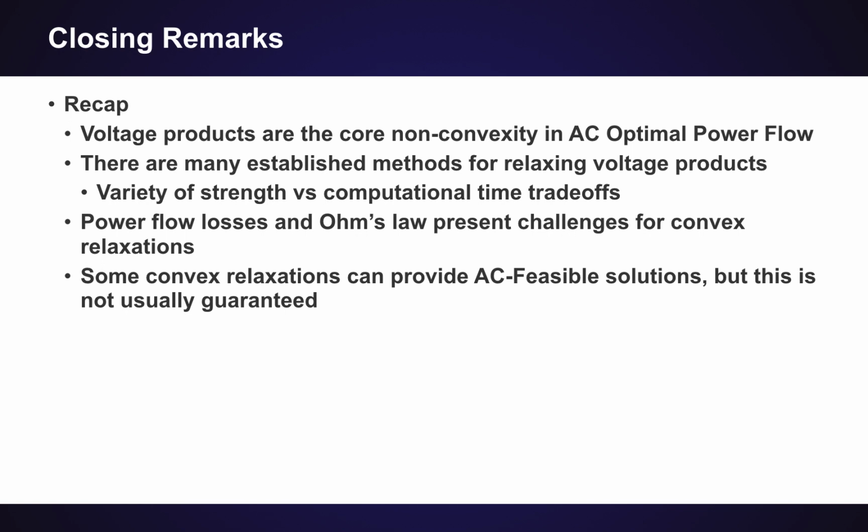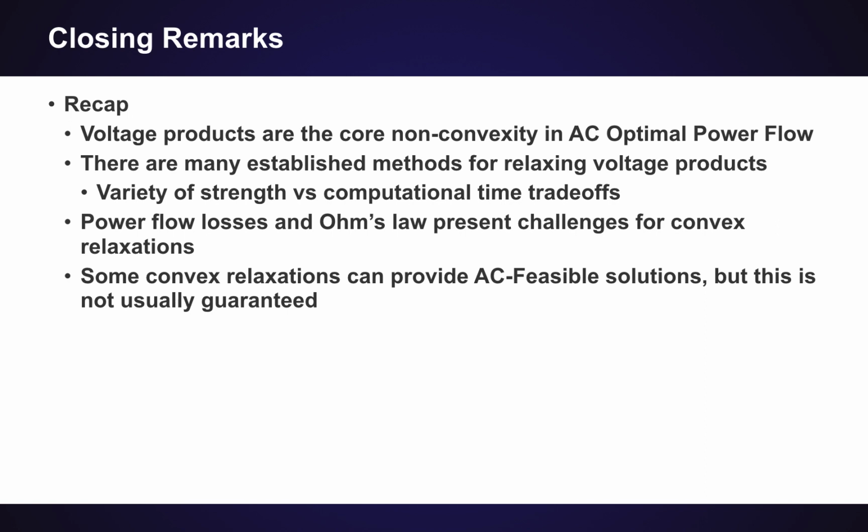The intuition for when the relaxations work and don't work is tightly related to how they represent the power flow losses and also Ohm's law. Having a good representation of those pieces of the problem is really the challenge of the convex relaxations.